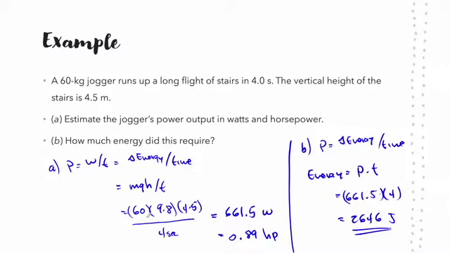And now, in reality, the jogger spends a little bit more than 2,646 joules. This is if our bodies were 100% efficient and all the energy was used efficiently, then yes.